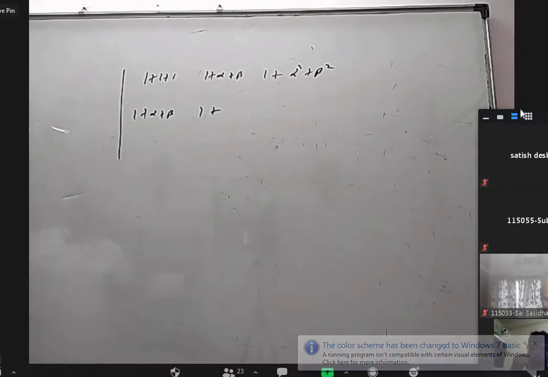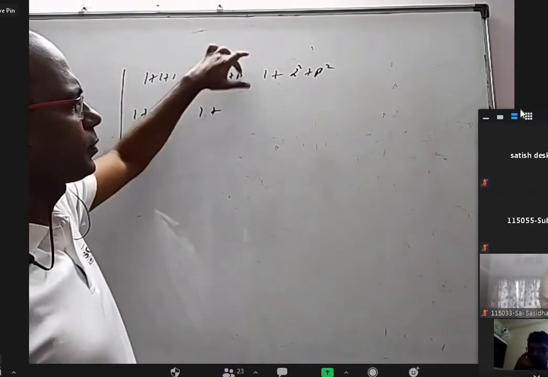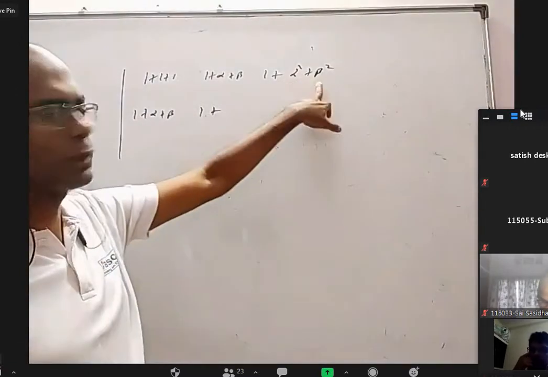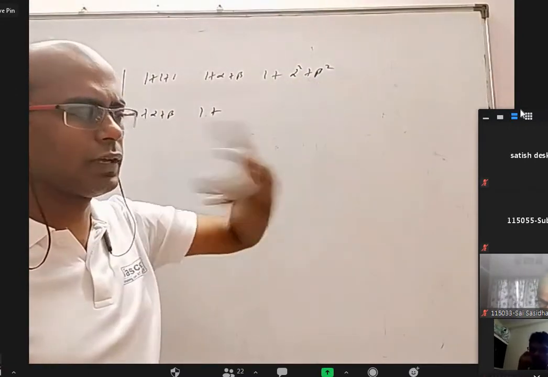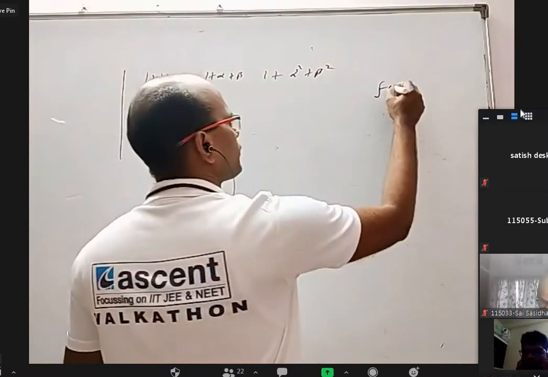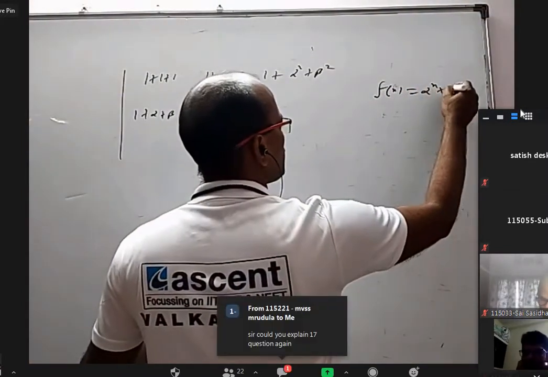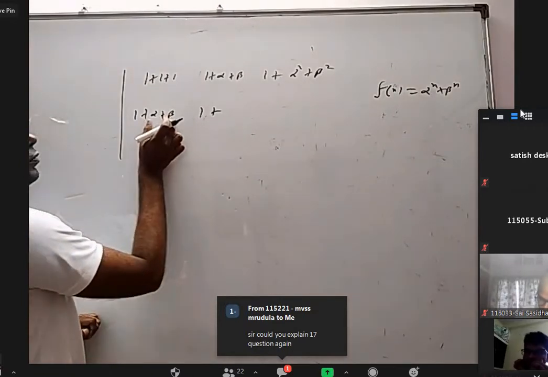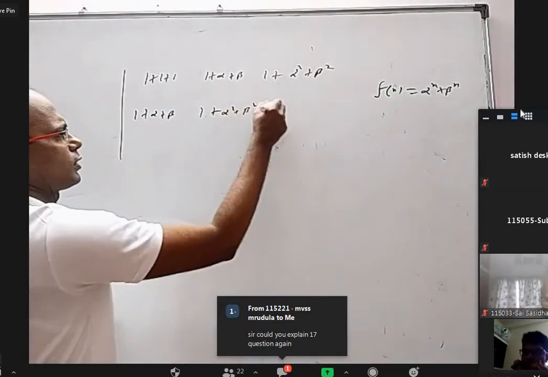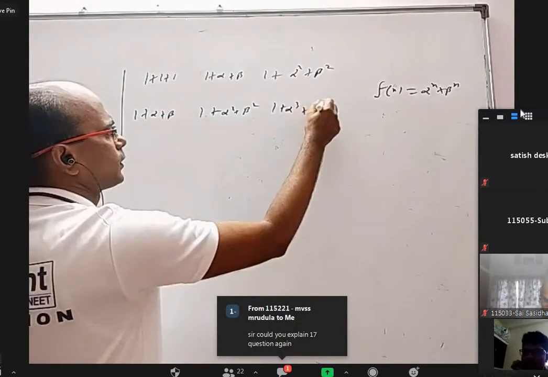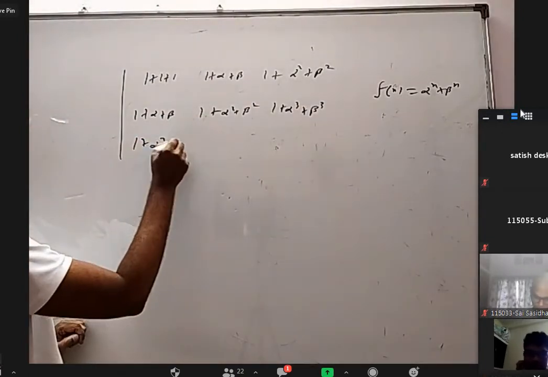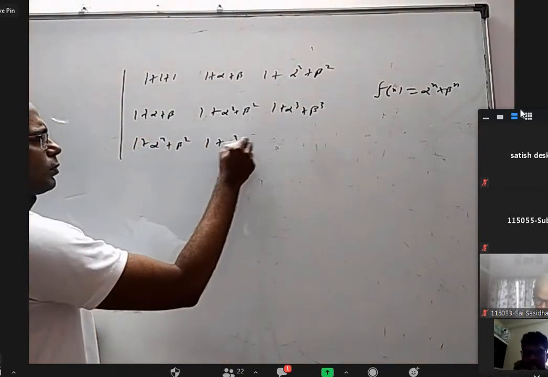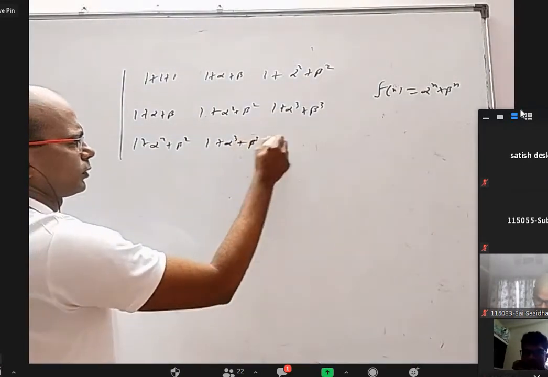F of 1 means alpha plus beta, alpha power 1, beta power 1. F of 2 means alpha square plus beta square, alpha power n plus beta power n, where n is 2. They gave f of n as alpha power n plus beta power n. This is f of 1, this is f of 2, this is f of 1, this is f of 2, and this is f of 3. Again f of 2 here, so 1 plus alpha square plus beta square, 1 plus alpha cube plus beta cube.